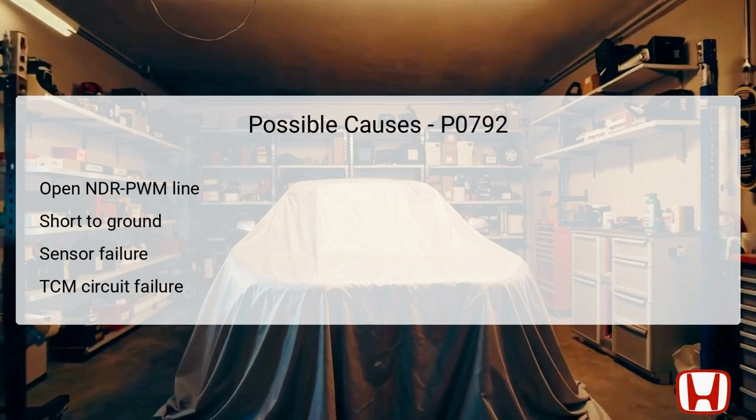The failure of the CVT drive pulley speed sensor itself can lead to incorrect or absent readings, directly affecting the vehicle's transmission performance. Additionally, internal circuit failures within the TCM may result in inappropriate readings or processing of sensor data. Identifying these causes accurately is critical for effective troubleshooting and repair of the transmission systems.